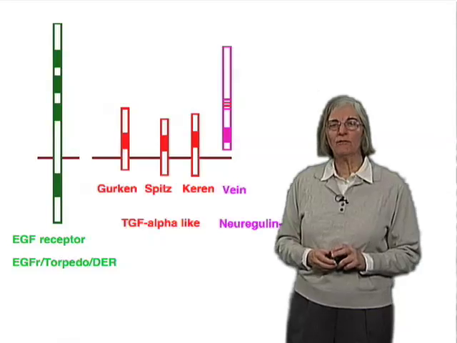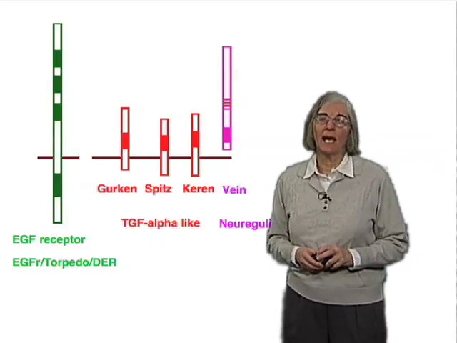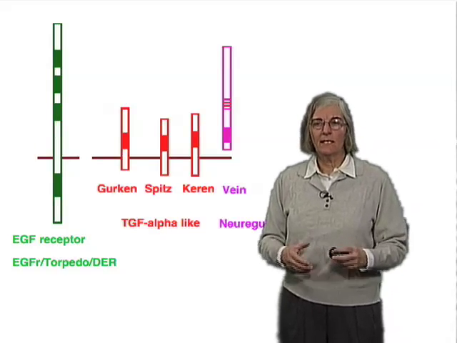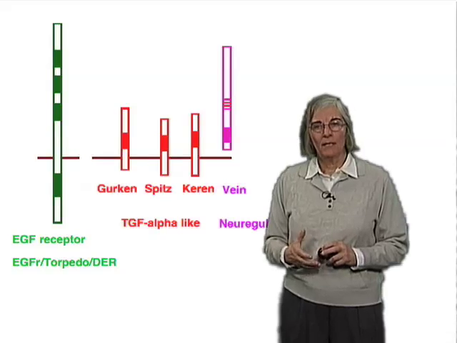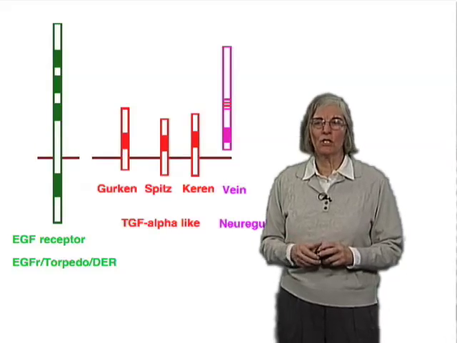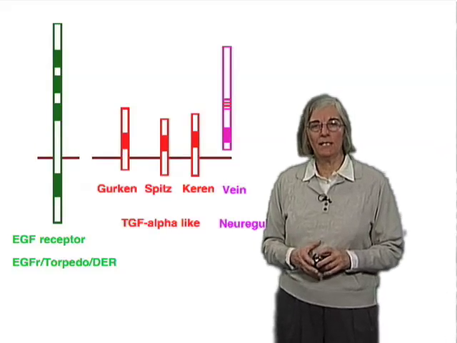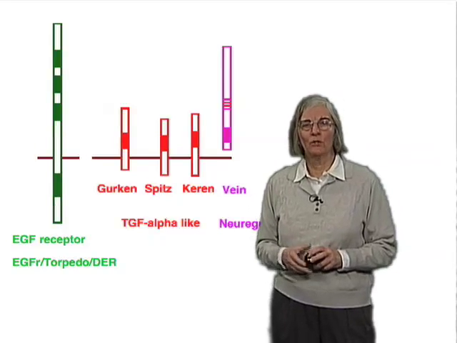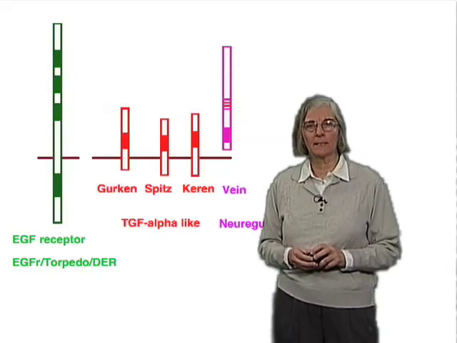Upon binding the Gurken signal, the EGF receptor will activate its internal tyrosine kinase domain, and that leads eventually to the activation and repression of subsets of genes in the follicle cells and induces the follicle cells to become dorsal follicle cells.